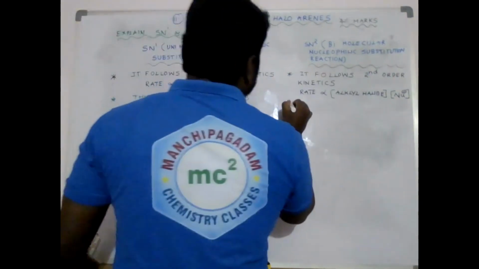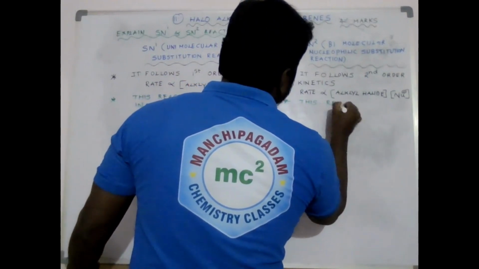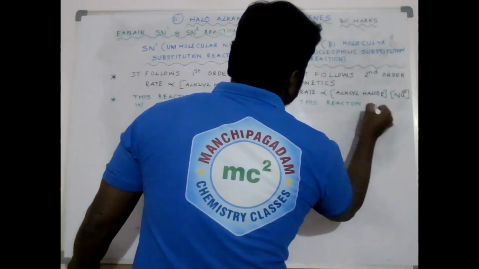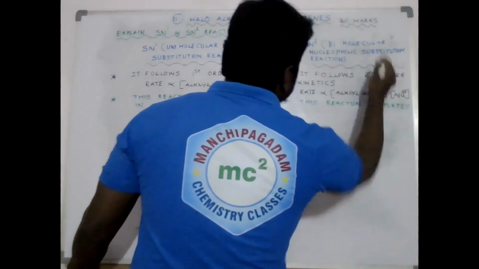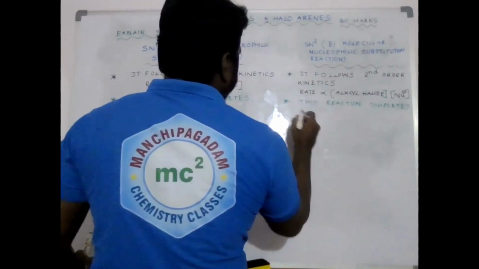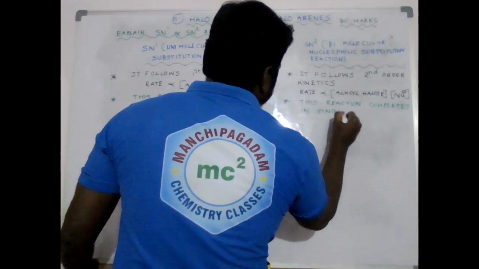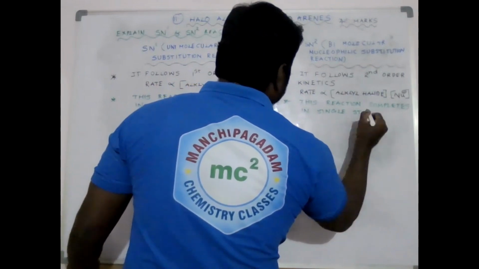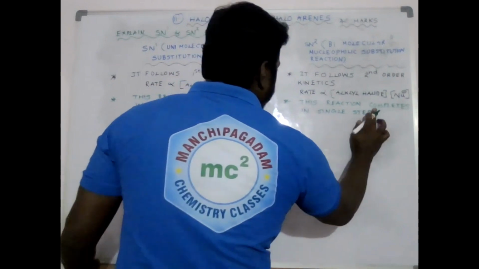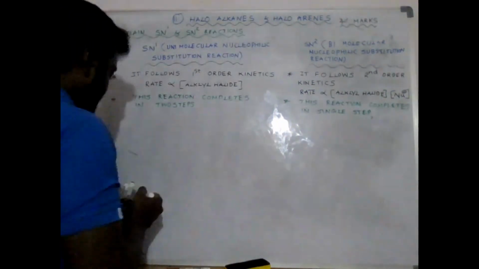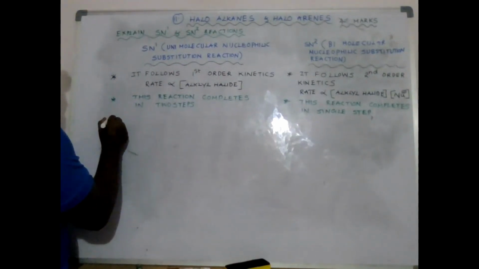What about this one? This reaction completes in 2 steps here, that is why here only a single step. In a single step. SN1 means 2 steps. SN2 means 1 step, a single step. Right? So, the next difference is here.